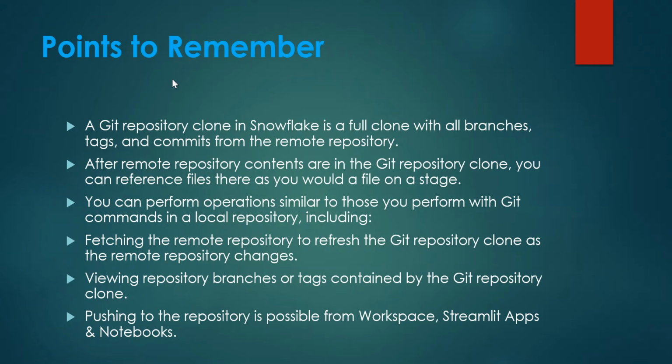Before that, you just need to remember a few points. This Git repository clone in Snowflake is a full clone with all branches, tags, and commits. Here, we can get the latest changes using a fetch command, but pushing changes from Snowflake to the Git repo is limited.